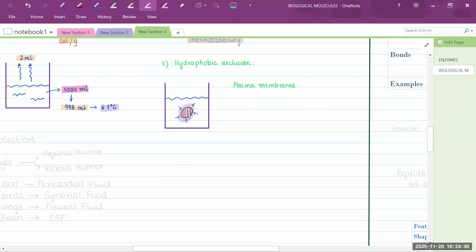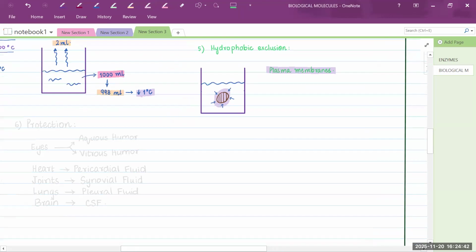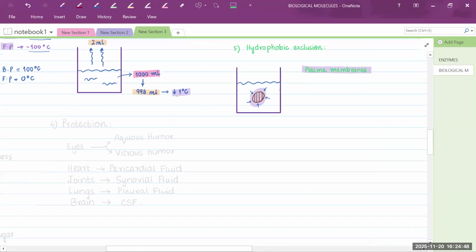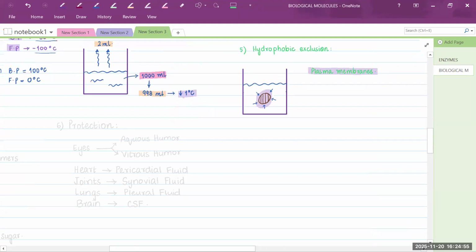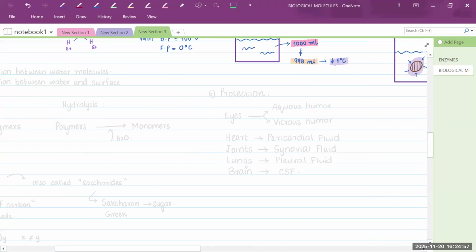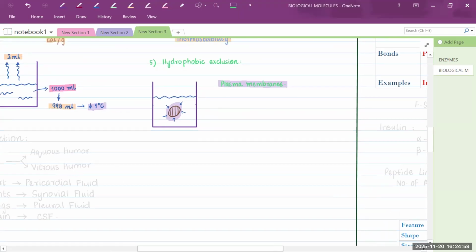Also, this property is used for making plasma membranes. We'll see in the cell structure chapter how the plasma membrane has a lipid bilayer. The inner parts are hydrophobic in nature and the outer parts are hydrophilic in nature. Okay, no, sorry, the inner parts are hydrophilic in nature and the outer parts are hydrophobic in nature.